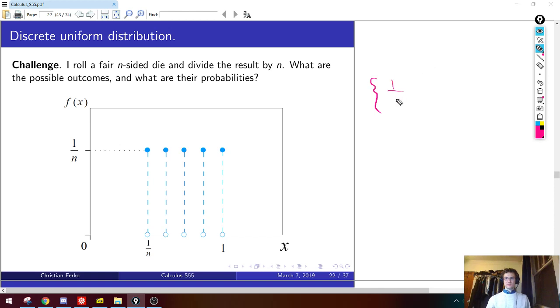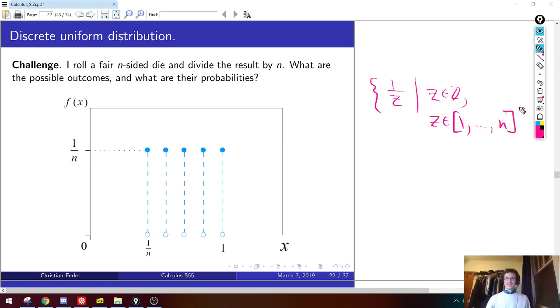Say 1 over z, where z is an integer, and in the closed set 1 to n factorial. N factorial? Why factorial? If I roll a 20-sided die, can I get 20 factorial as an answer? No. Where did that come from? So 1 to n. 1 to n, yeah.